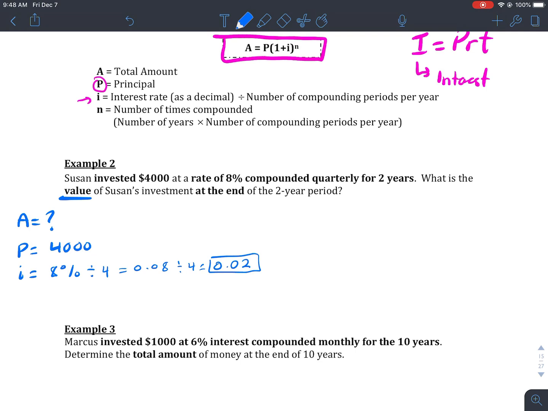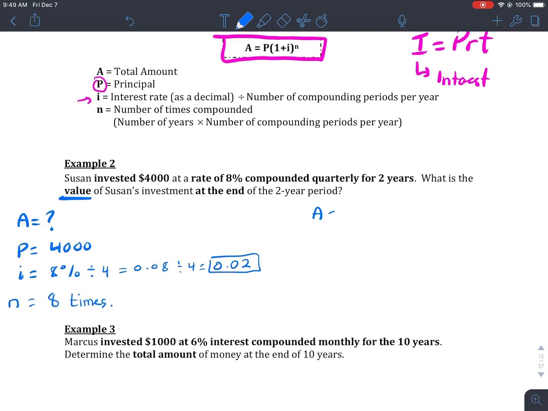That's the one we actually need to use in this situation. The only other thing I need is n, which is the number of times the money is being compounded. We're doing quarterly for 2 years, which means in 1 year, I have 4 payments. In 2 years, I should have 8 payments. So my number of times compounded is 8 times.